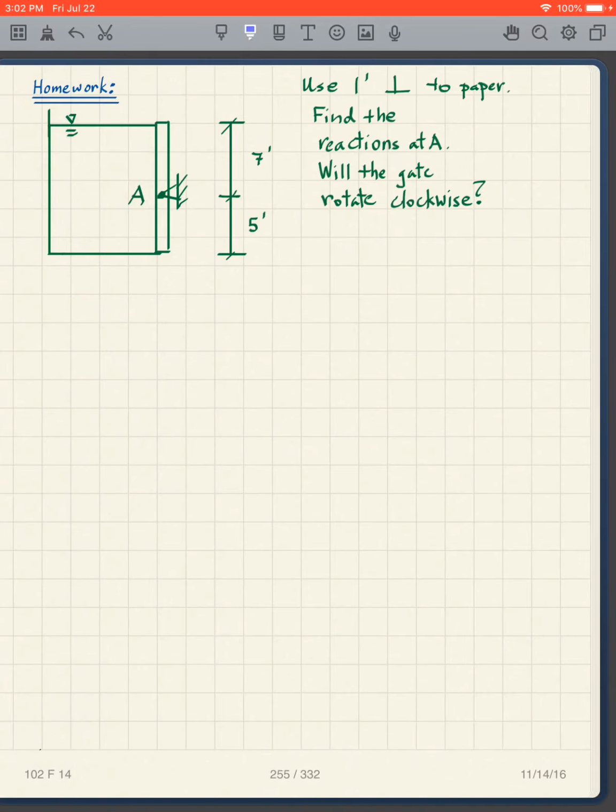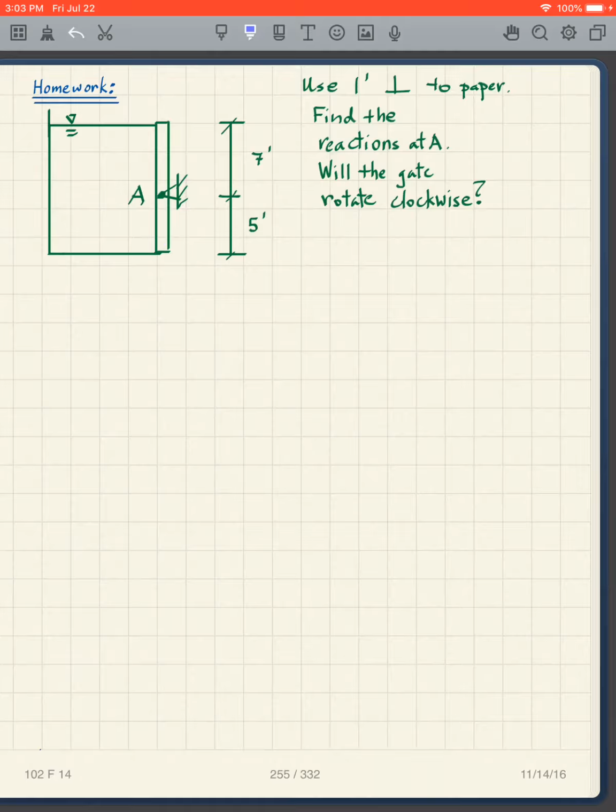Okay. This is, we're going to use 1 foot perpendicular to the paper, find the reactions at A, and the question is, will the gate rotate clockwise? Okay, so this is an unusual situation. It's different from ones that we've looked at so far, in that, yes, things are static, but you can see the way this wall is, it's only supported at one point, at the pin.